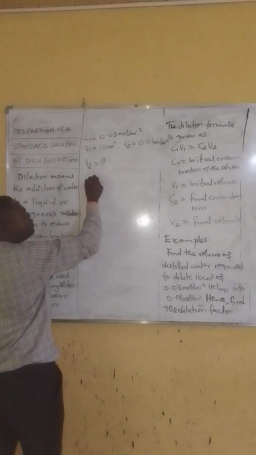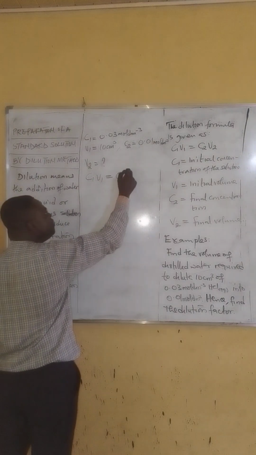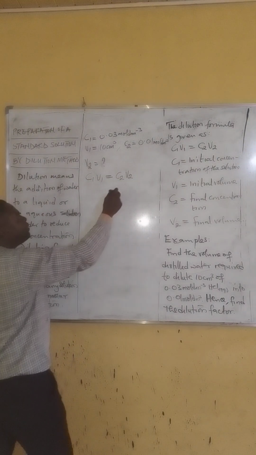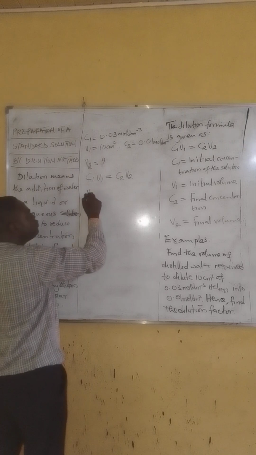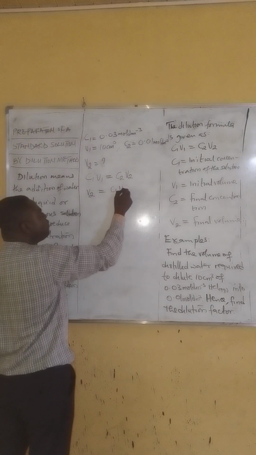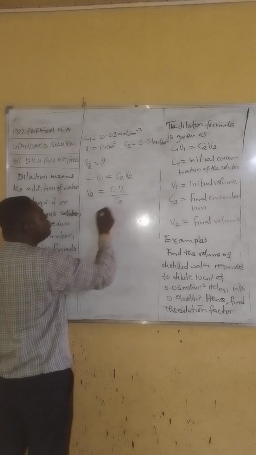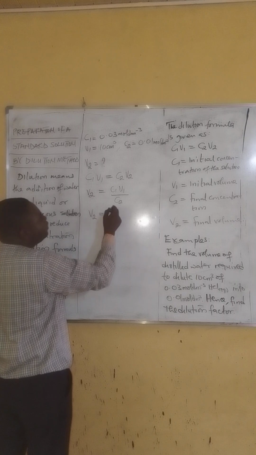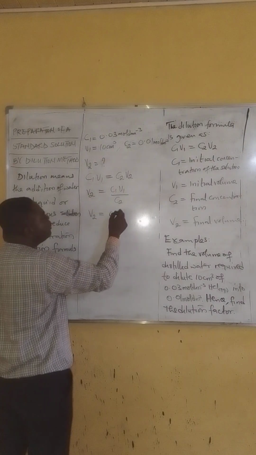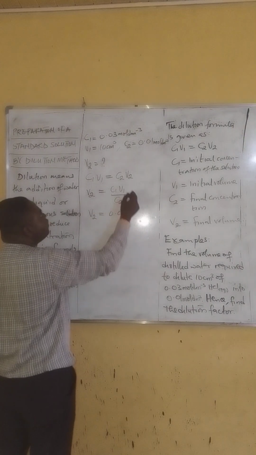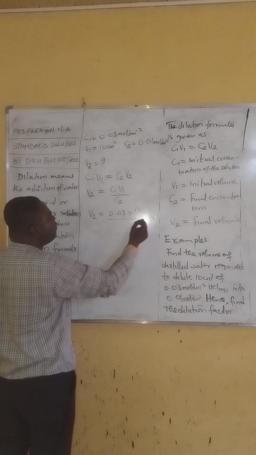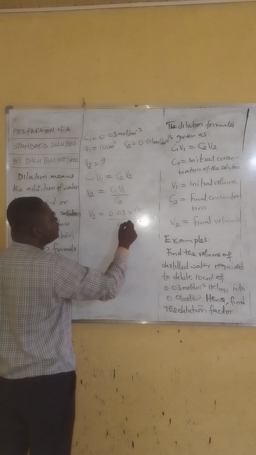So what do we do? Your formula is C1 V1 equals C2 V2. Now we are looking for V2. So V2 equals C1 V1 over C2. What is our C1? 0.03 times our V1, 10, over our C2, 0.01.